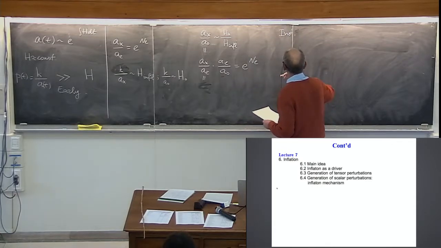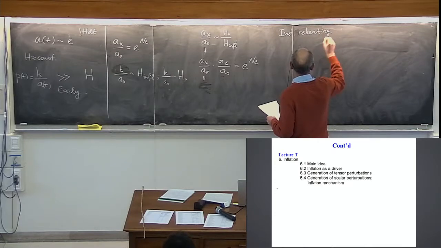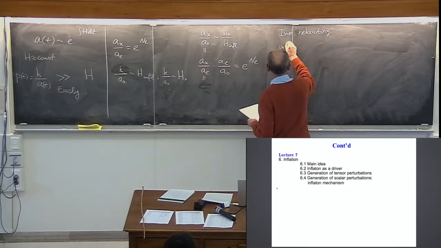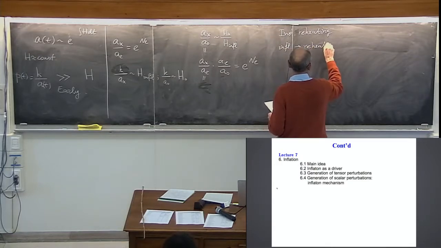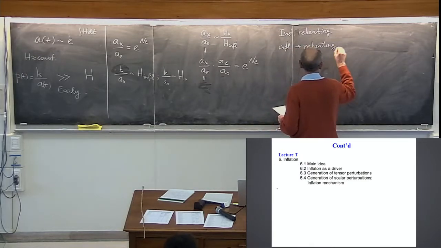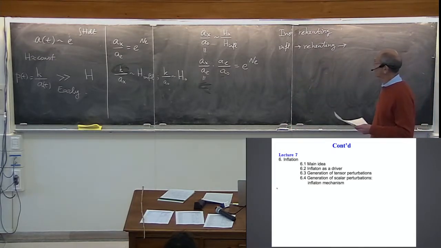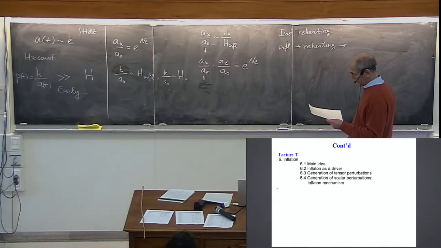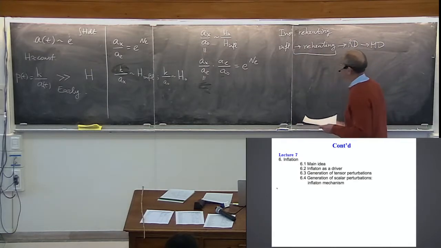So our sequence of events in general is that we have inflation, then we have a reheating epoch, at which some mechanism transforms the energy of the inflaton into heat, and then we have radiation domination and matter domination, etc. And there is some uncertainty in here.